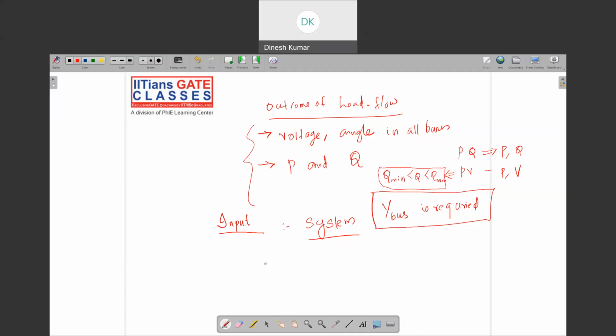So load flow is basically an iterative process. It is very simple, like solving a set of linear equations, but it is not straightforward, where you just enter something and get a result. We have to follow an iterative method. There are two methods we normally use. The first one is the Gauss-Seidel method.